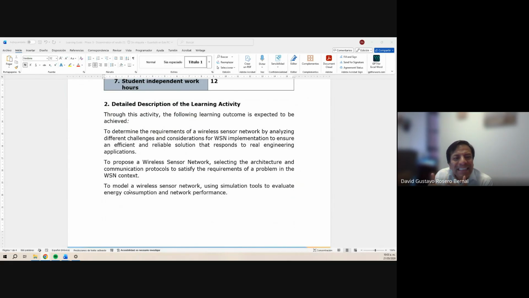This distinction is important because the article you submit must demonstrate mastery of the three outcomes in an integrated and coherent narrative. The reviewer, that is me, will read your article looking for evidence that you understand the problem, that you design an appropriate solution, and that you validate the solution through a simulation analysis.